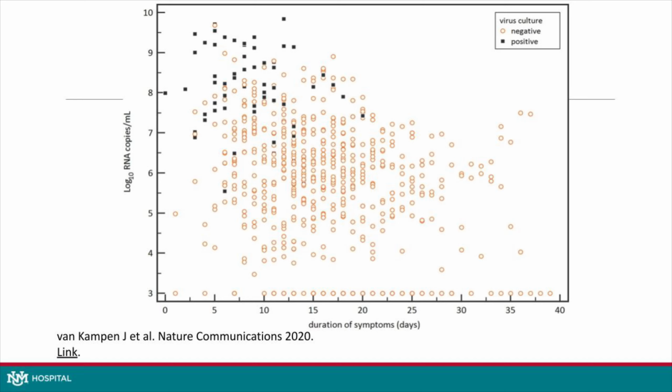So 95% of patients did not have virus that grew in culture after day 15. You can see there are a few patients on this side, but again, not beyond day 20. That's why we've chosen 10 days for mild and more like up to 20 days for patients that are more severely ill.